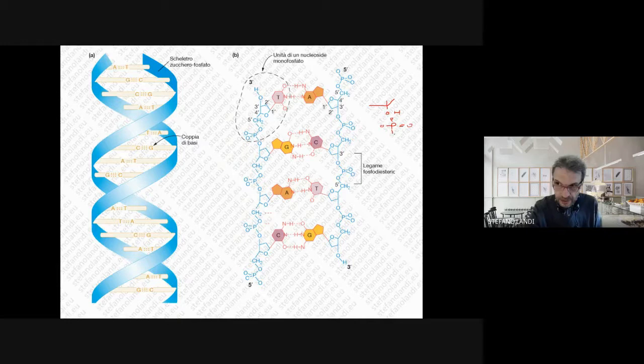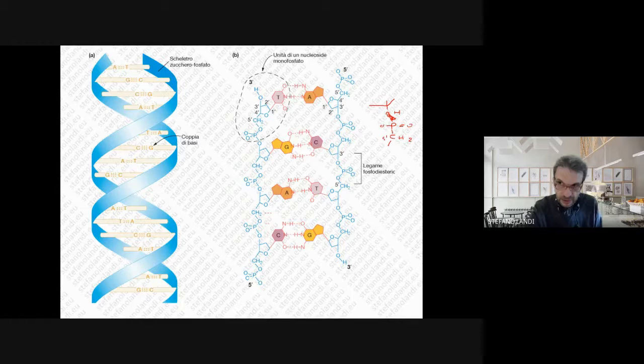Here is the 5' carbon. Well, here this oxygen and this oxygen can be condensed to form a unique bond here, and so you have the covalent bond between the upper level and the level below.